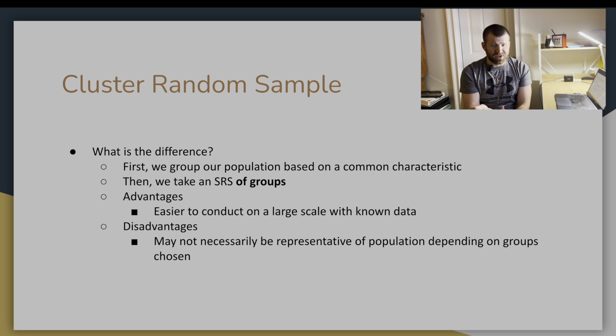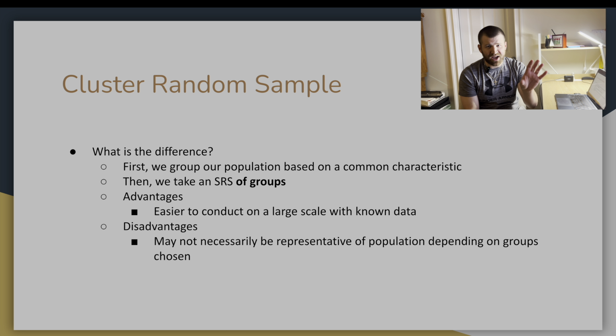The disadvantage, on the other hand, is that this may not end up being representative because we're choosing entire groups. Again, if you think of the scenario where we group school districts by state and then randomly select states, if I end up getting all states on the West Coast or all states on the East Coast or all in the middle of the country, I may not get a representative picture of the entire United States if I do things that way.